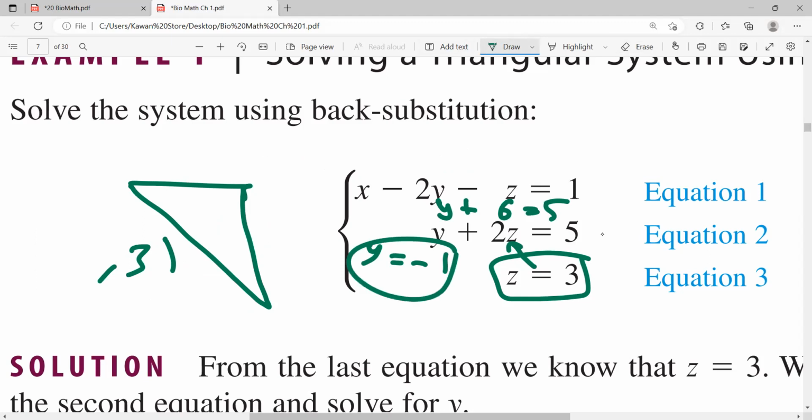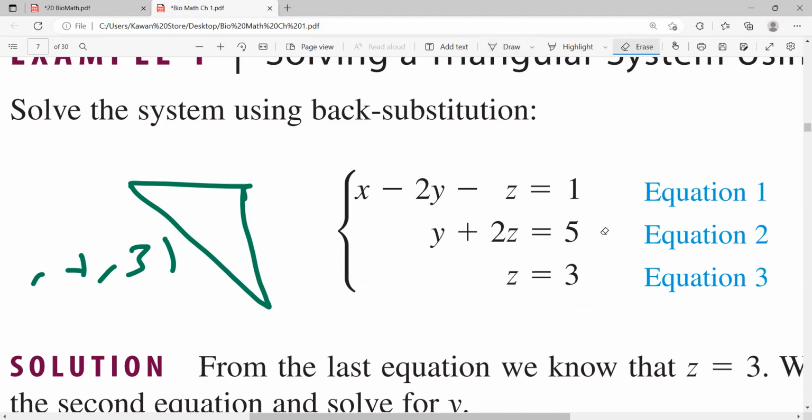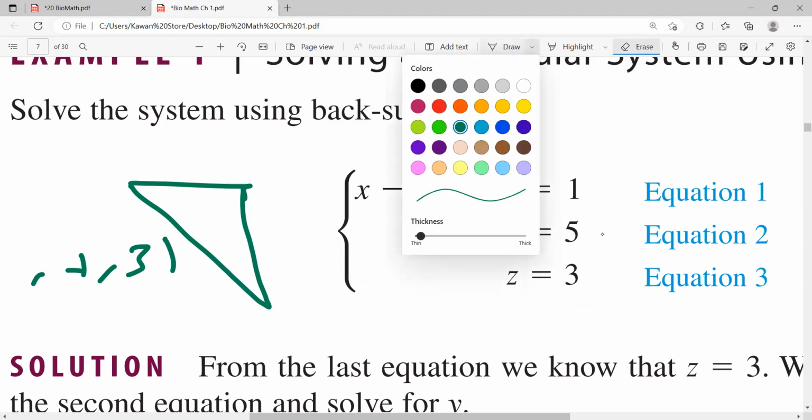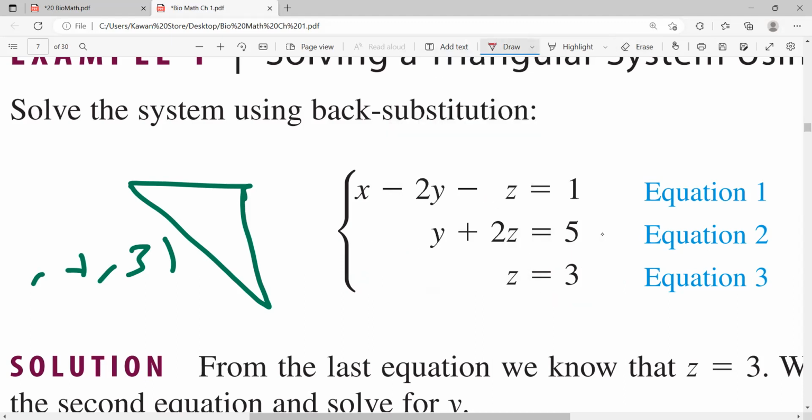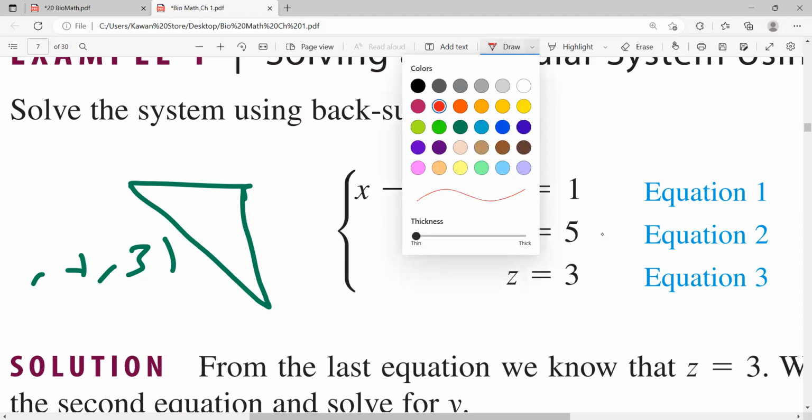I'm going to substitute this z in the second equation. Okay, so I'll get minus 1. Then I'm going to substitute the values of z and y. So here's 3 and here's minus 1. I'm going to substitute those values to get the value of x.